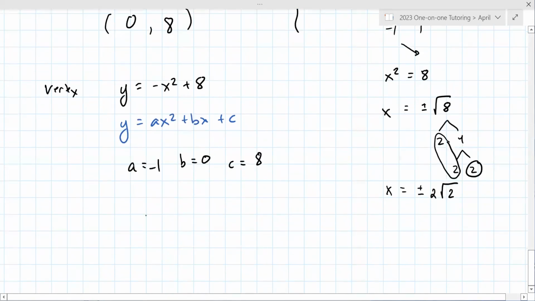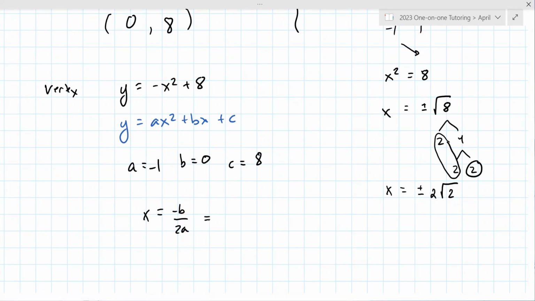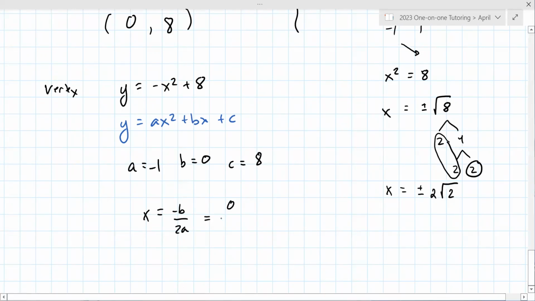Good. So now we do x equals minus b over 2a. Can you calculate that for us, please? X equals 0 over -2. And what does that reduce to? 0.